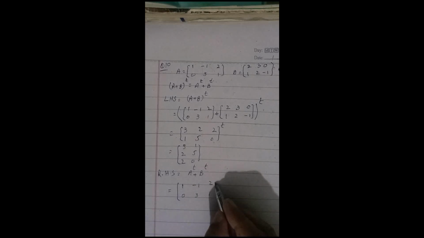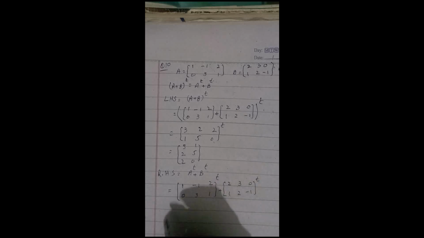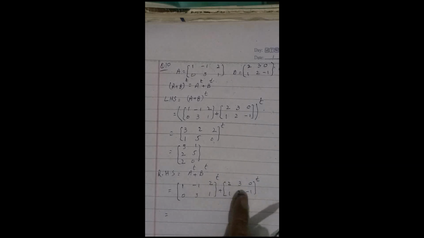The values are 1, minus 1, 2, 0, 3, 1 transpose plus the second matrix 2, 3, 0, 1, 2, minus 1 transpose. Now we take both the transpose of A and transpose of B.